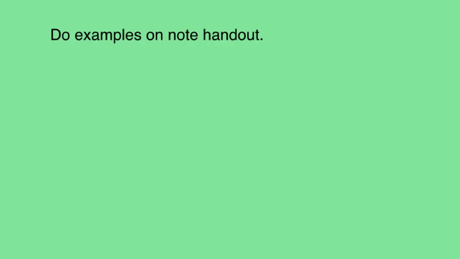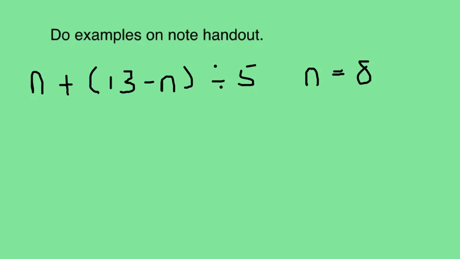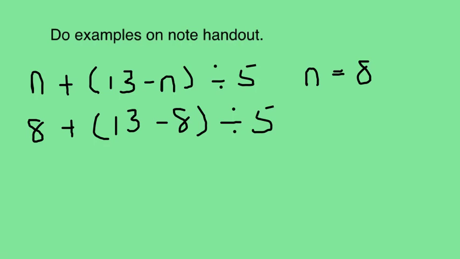You're going to start with n plus, in parentheses, 13 minus n divided by 5, and n is going to equal 8. So the first thing I'm going to do is just replace n so I can see what's going on in my problem. I am not going to start solving anything. I'm just going to replace n with 8, and then I'm going to follow order of operations to solve it. Do that with the next 2 examples, and then we'll talk about these in class when we get back together. Good luck!